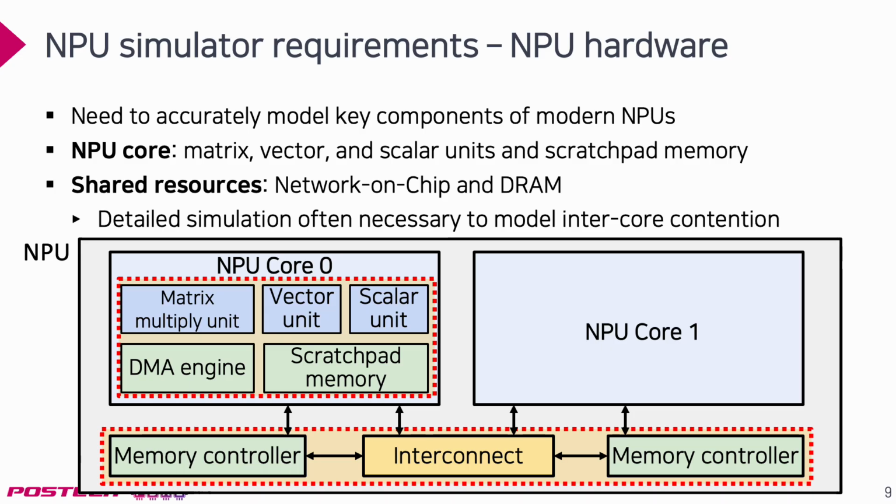In addition, beyond the NPU core, there are resources shared across multiple cores, such as the on-chip interconnect, off-chip interconnect, and DRAM memory controller. And the latency for accessing these shared resources can vary depending on the behavior of different cores. So this dynamic behavior has to be modeled accurately for accurate evaluation of the designs.